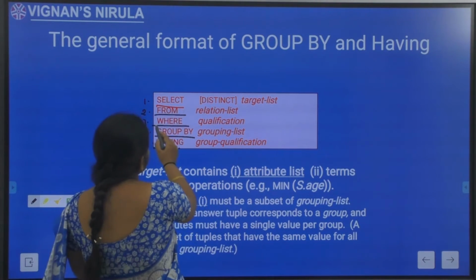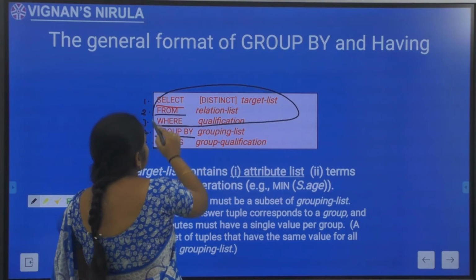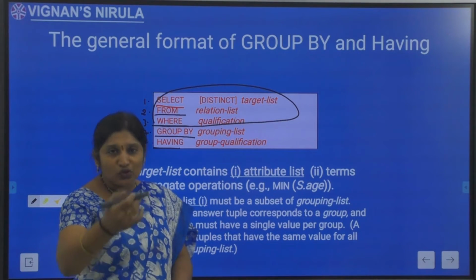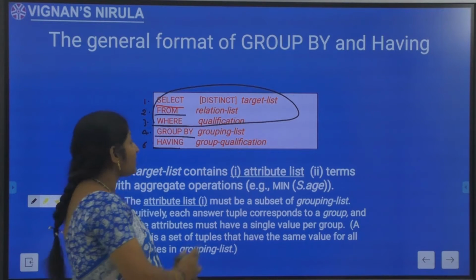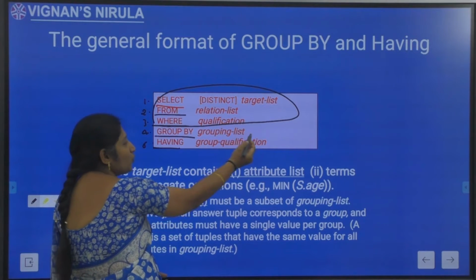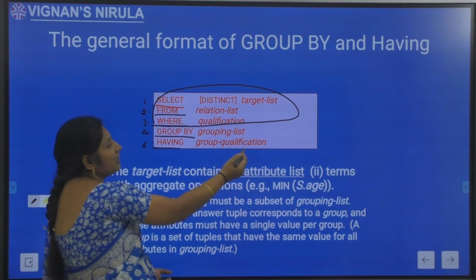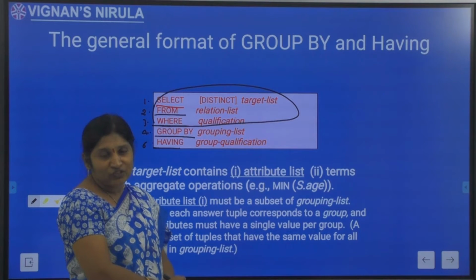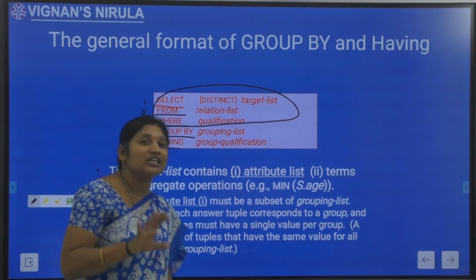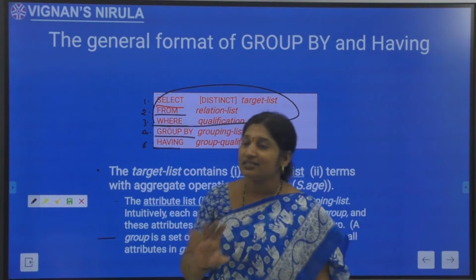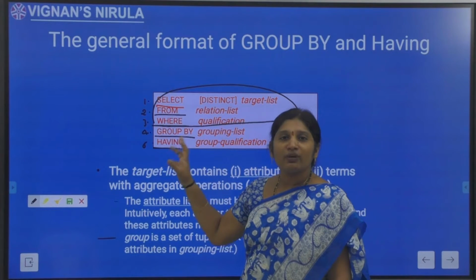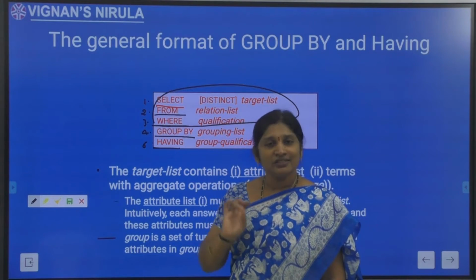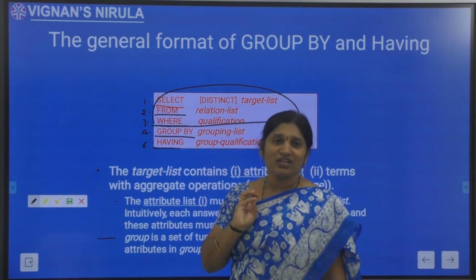You already know these 3 clauses, followed by GROUP BY grouping list and HAVING group qualification.